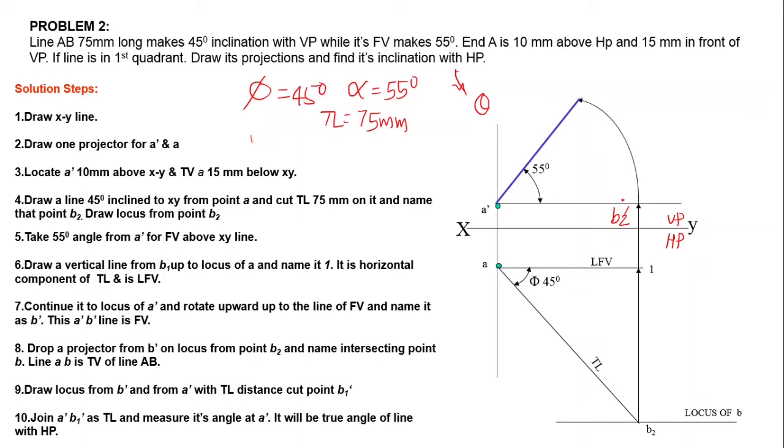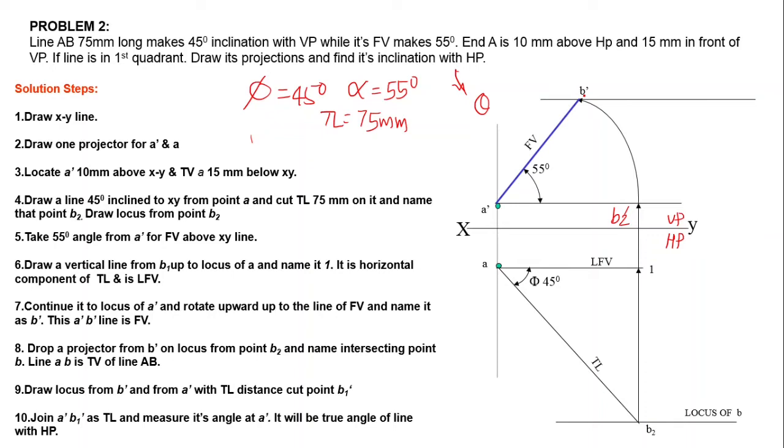Then we can rotate that line A dash B2 dash, and we can find out this point B dash here. The intersecting point of that already marked straight line which is inclined 55 degree with the XY line, and this arc, that intersecting point will become B dash. Then we can draw the front view.